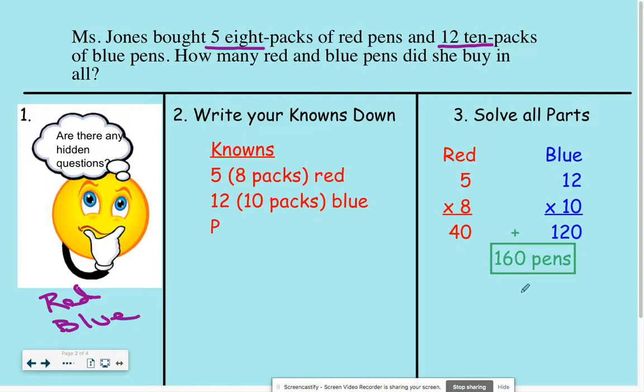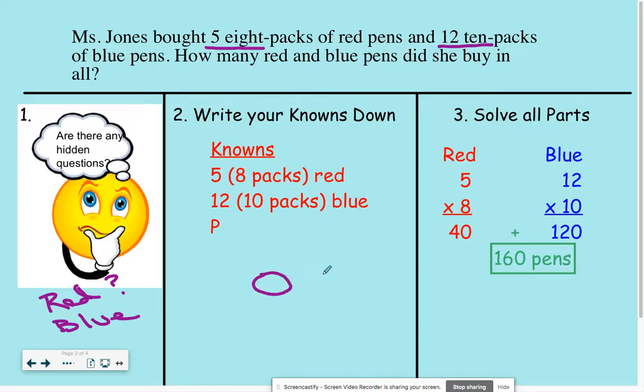So if we go back to the very first step, are there any hidden questions? Well, the first hidden question was, how many red pens do I have? So if I have 5 8-packs, I could do this in 2 ways. I could draw a picture if it helps.